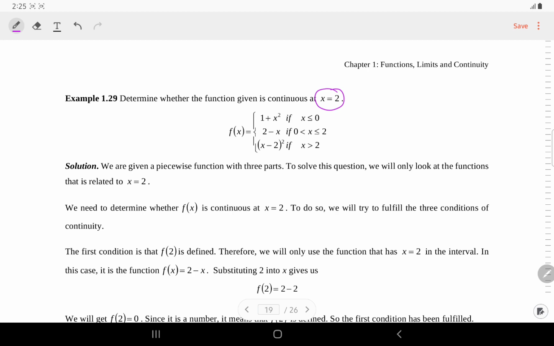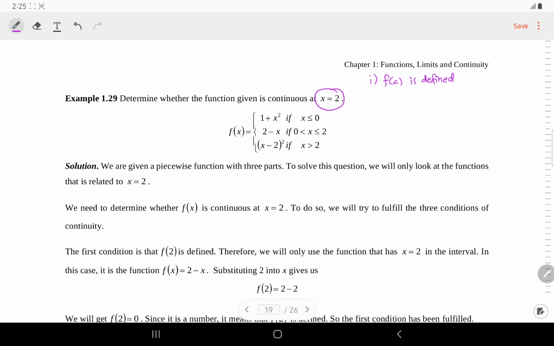The first condition is f(a) is defined. So what is our a in this question? Our a is equal to 2, because we want to test the continuity at the point x equal to 2. So our a is 2.